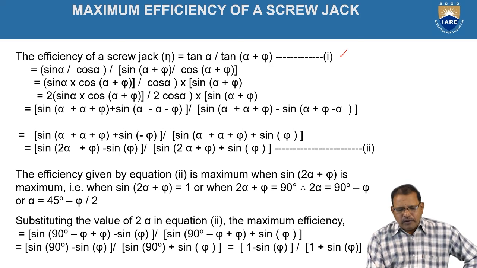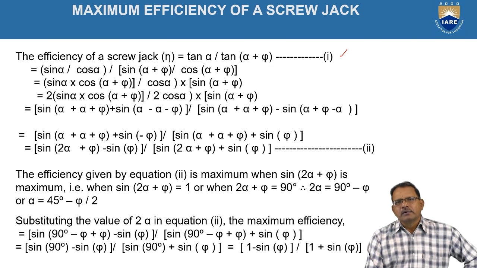So, this modified equation: tan alpha is equal to sin alpha by cos alpha. Similarly, tan (alpha plus phi) is equal to sin (alpha plus phi) divided by cos (alpha plus phi). On simplification, we get sin alpha cos (alpha plus phi) divided by cos alpha sin (alpha plus phi).